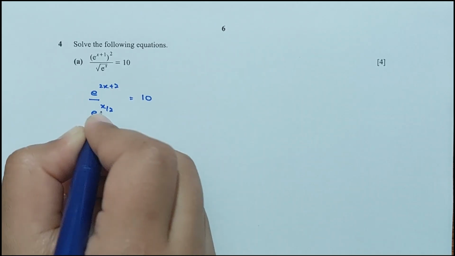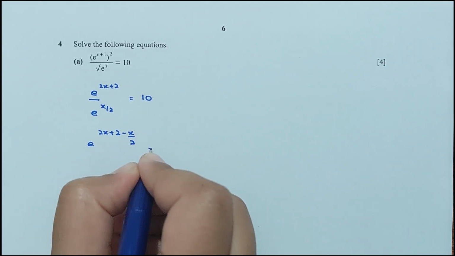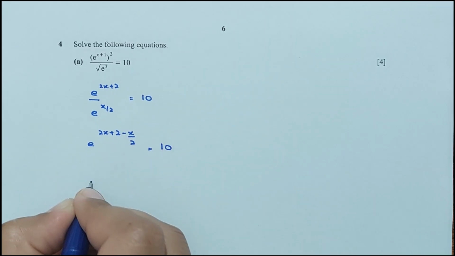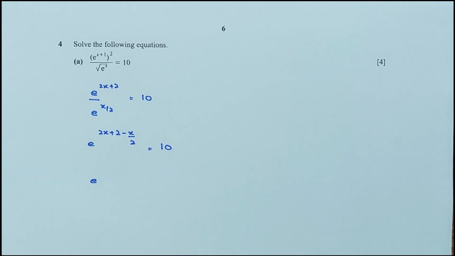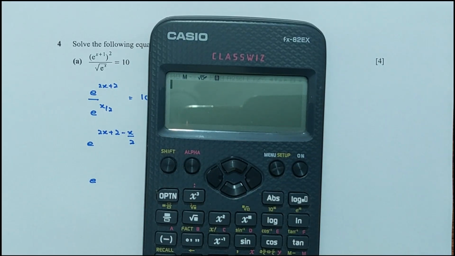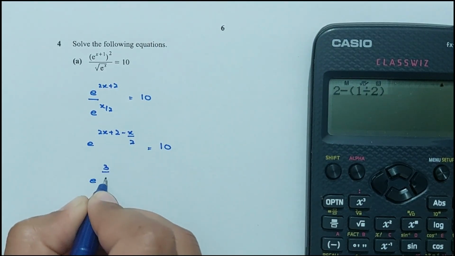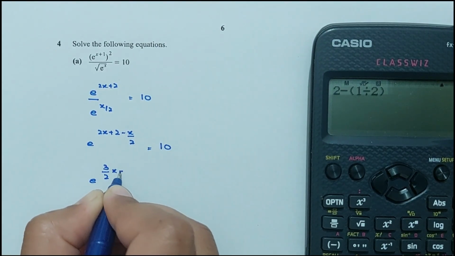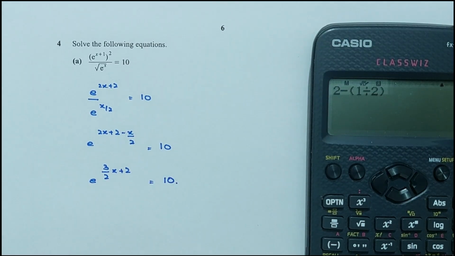Shift the exponent to the numerator so its power is negative. So e to the 2x minus x by 2, so 2 minus 1 by 2, which is 3 by 2. So e to the 3 by 2 x plus 2 equals 10.